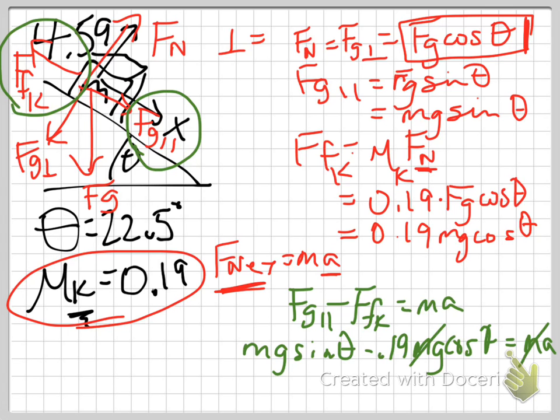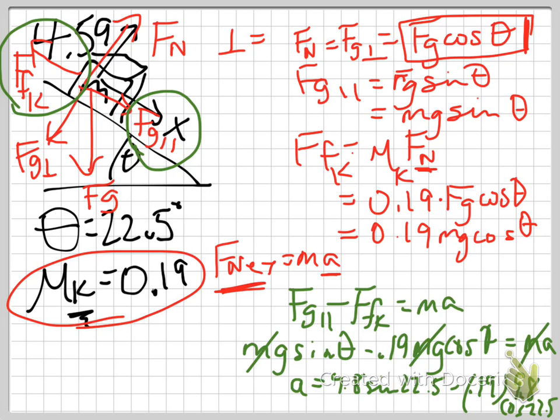We can get rid of the m's, and it looks like a is equal to 9.8 times the sine of 22.5 minus 0.19 times 9.8 cosine 22.5. You guys can probably do the math from here.